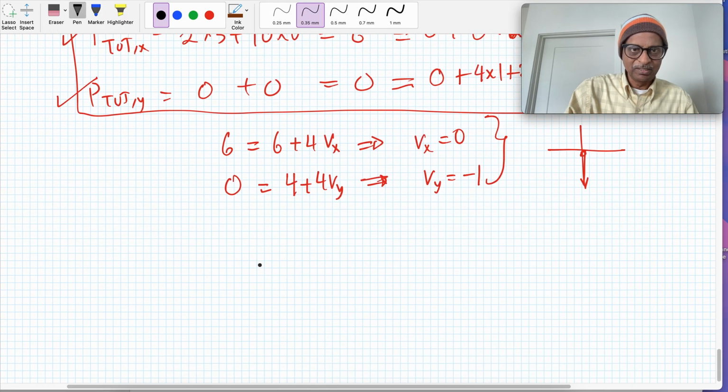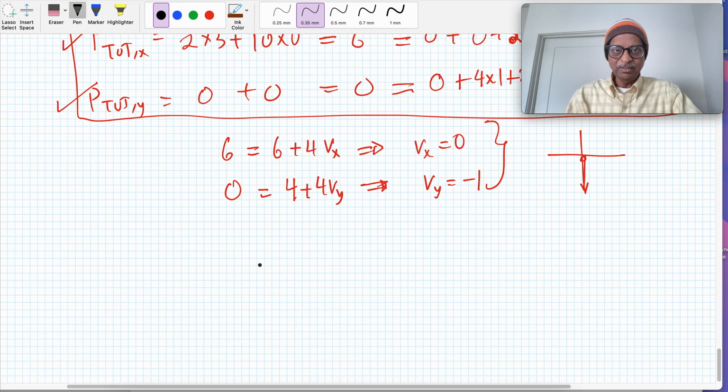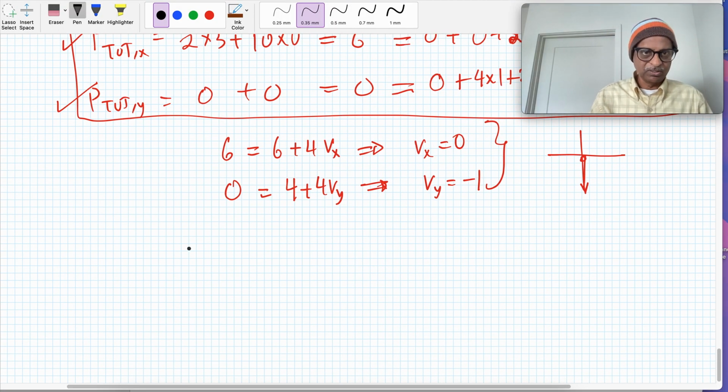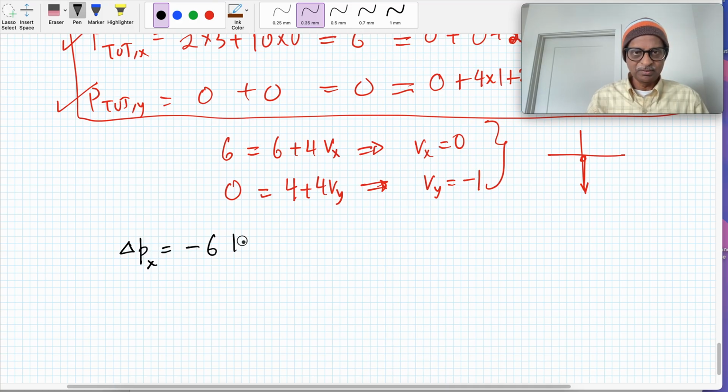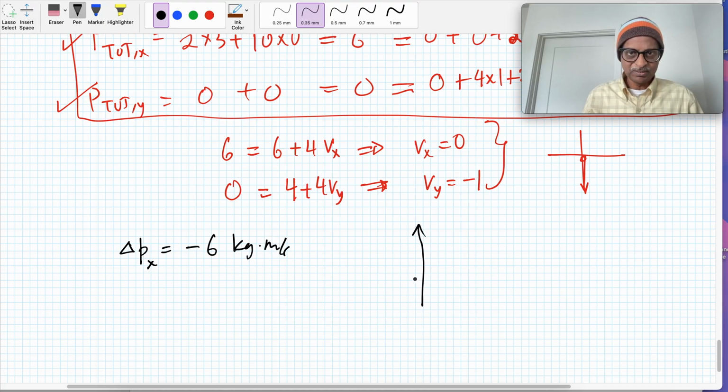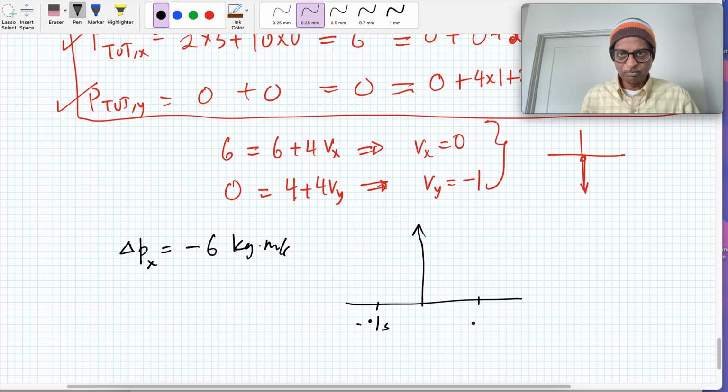Because suppose we just found out the change in momentum was minus 6 kilogram meter per second, but the force is still, say, 0.1 second and 0.1 second if this is t.